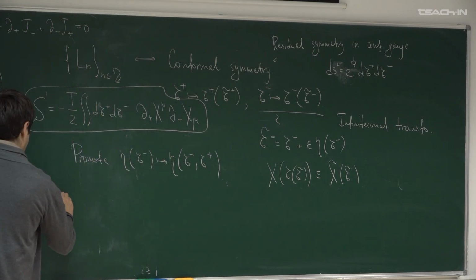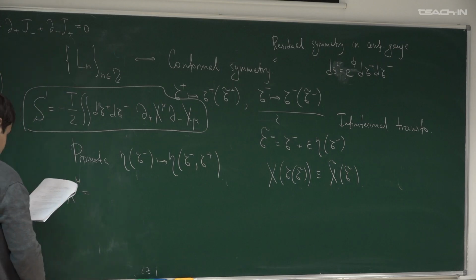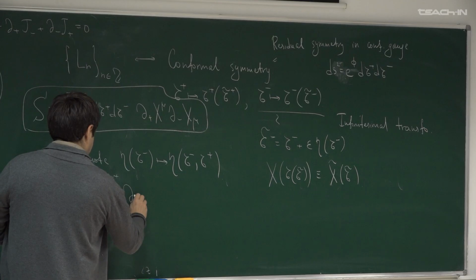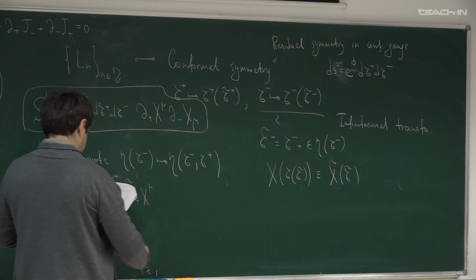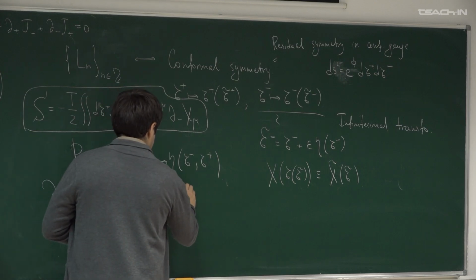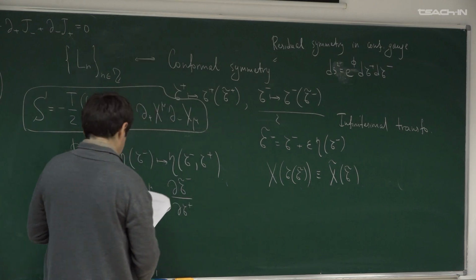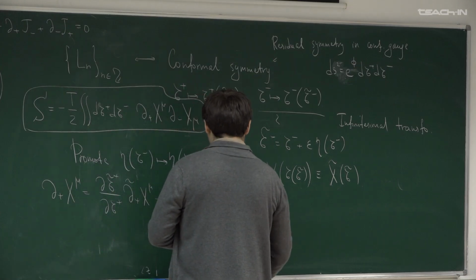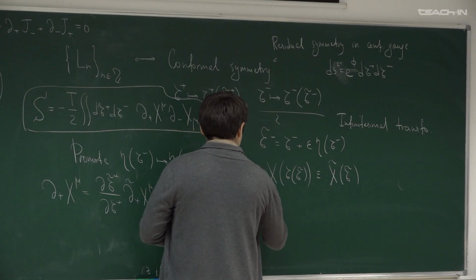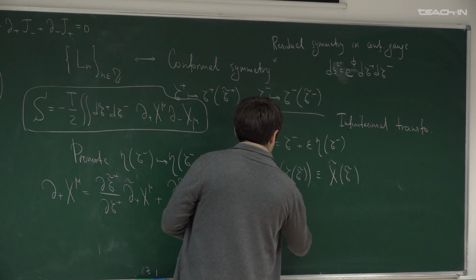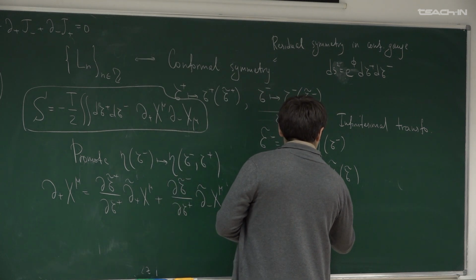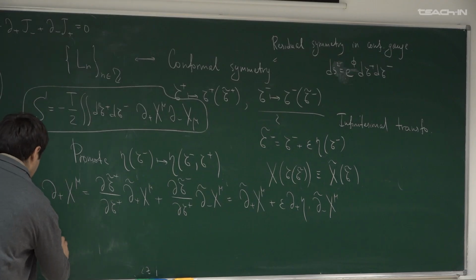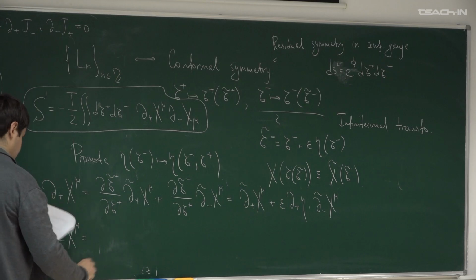So we compute that d plus x mu is d plus tilde x mu plus epsilon d plus eta times d minus tilde x mu, and similarly d minus x mu is 1 plus something.